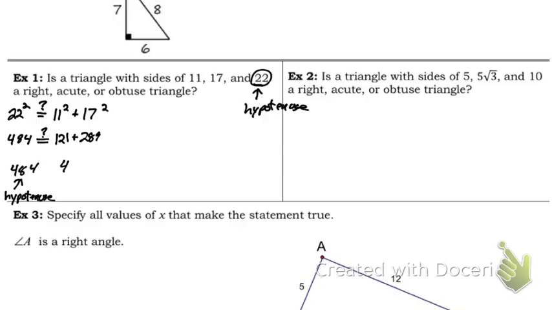And my other side is 410. 484 is greater than 410. If my hypotenuse is greater than the sides squared, what kind of triangle do I have? Akshay? Obtuse. It's going to be an obtuse triangle.